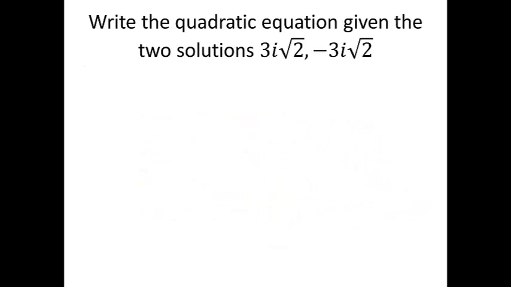This time we want to write our quadratic equation given two solutions. They're imaginary. So if I write this out, I know my two solutions must be x is equal to 3i root 2 or x is equal to negative 3i root 2. This means that I have two factors.